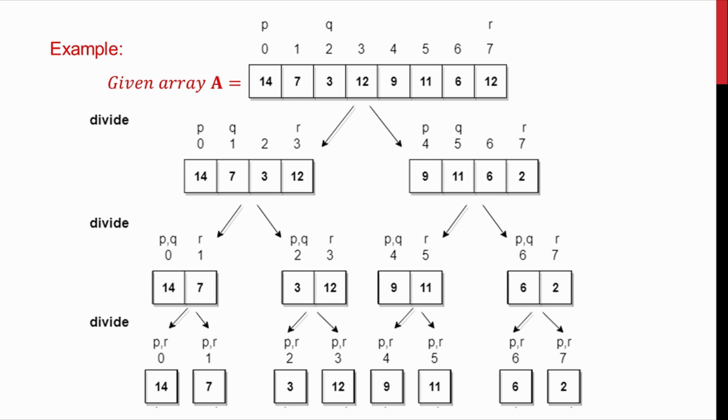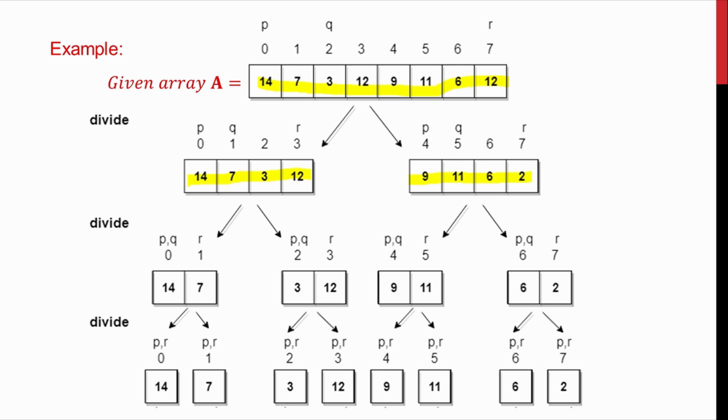Like in this example, here we have the initial given array with 8 elements, and first we divide it into 4 elements on the left and 4 elements on the right side, p to r.